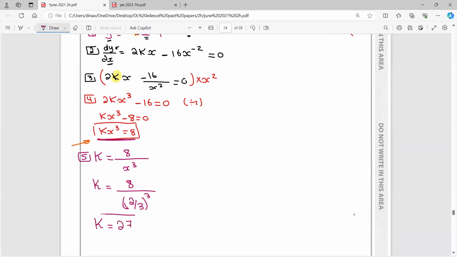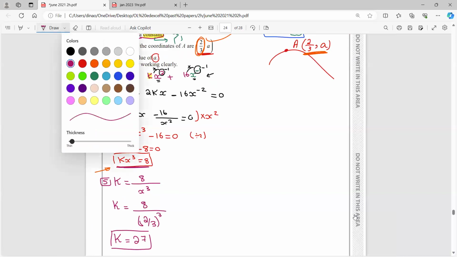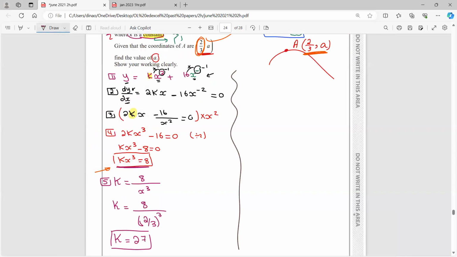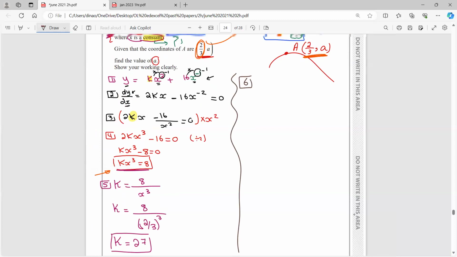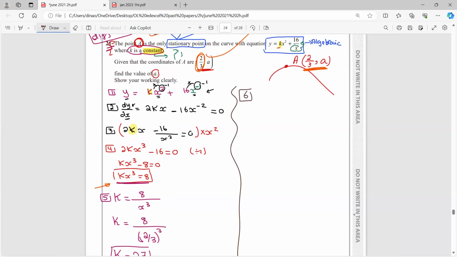Now, since I have the value of k and the value of x, I can proceed to step number 6, which is finding the y coordinate. And how will I find the y coordinate? We said we substitute in the original equation, which is y equals kx power 2 plus 16 over x. Here I will substitute the k that I found and the x that is given, plus 16 over 2 over 3.